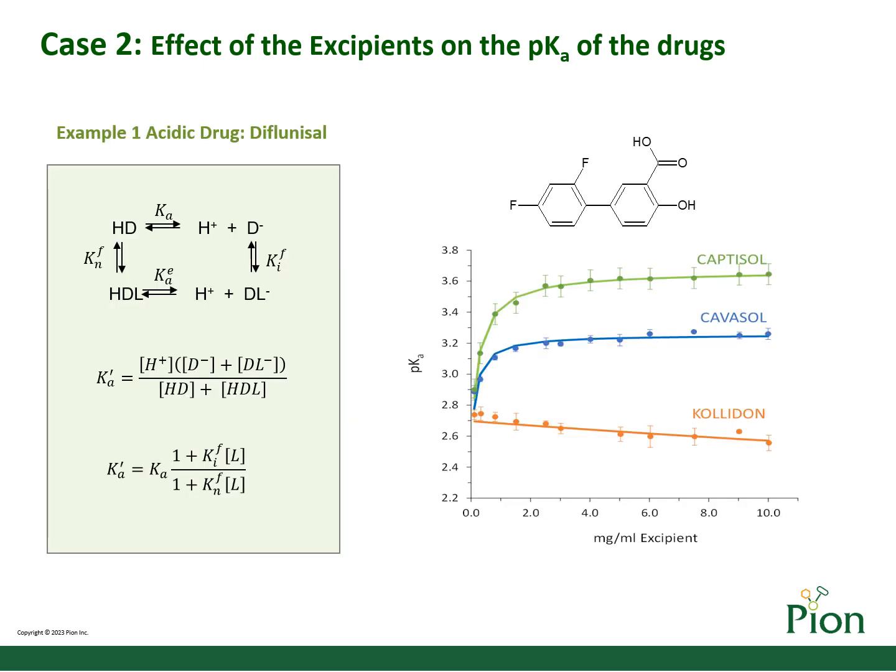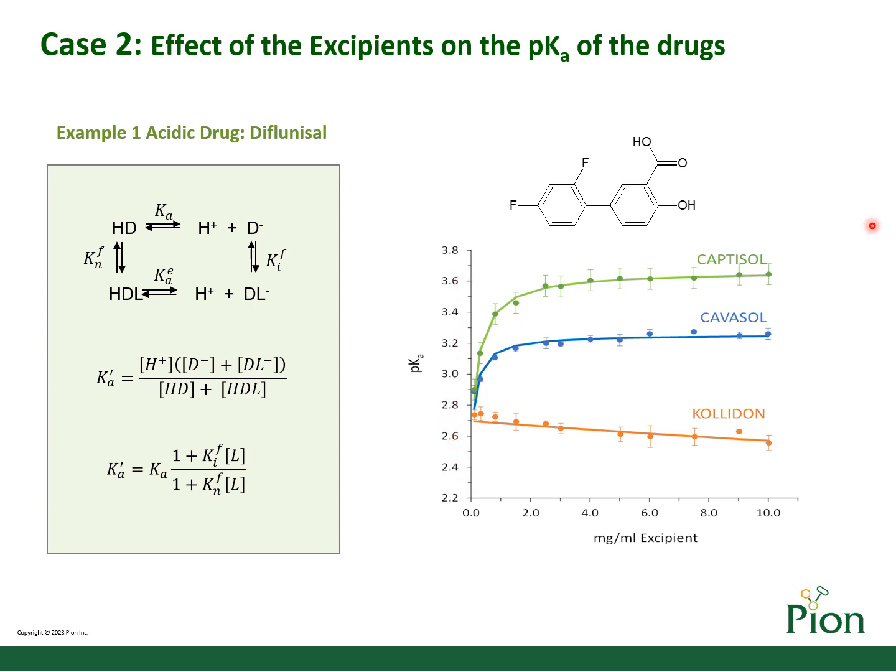In this study, we have chosen two model drugs, an acid, diflunisal, and a base, trazodone. We can observe in this graph the pKa shift with the amount of excipient in solution. So the more the excipient is added, the more the pKa changes.